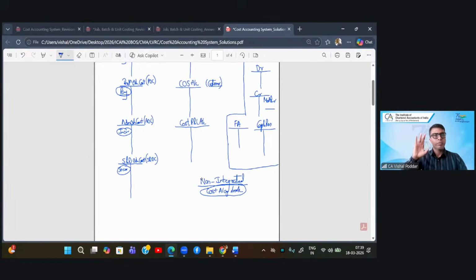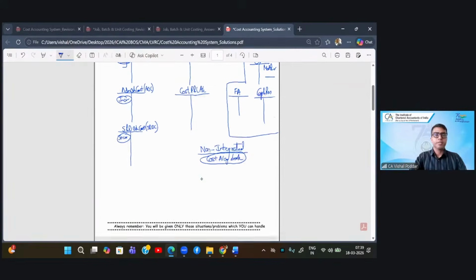In standard 11, whatever you studied was pure financial books. On the basis of that, whatever P&L, balance sheet, cash flow, fund flow is drawn, that is shared with outsiders. But your cost accounting books are kept separate, and I should say they are kept secreted. Secreted means they are not shared with everyone. Only very few people from the management have access to that. Not all the board of directors have access, and shareholders do not have access except when they specifically make a request, because cost information is very sensitive.